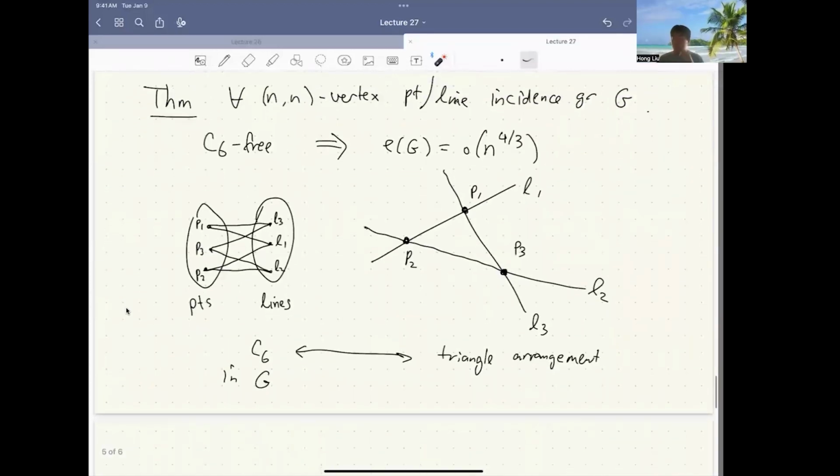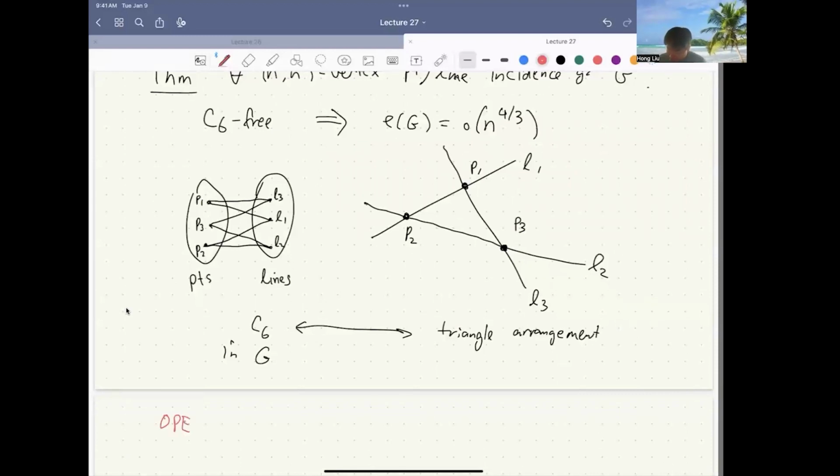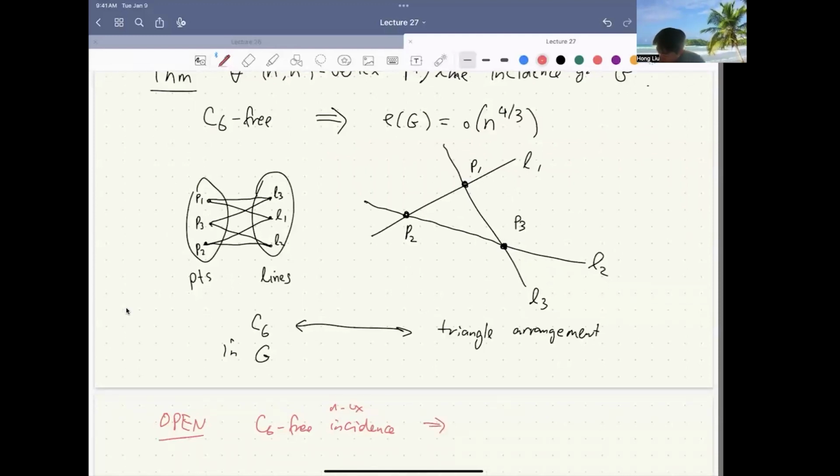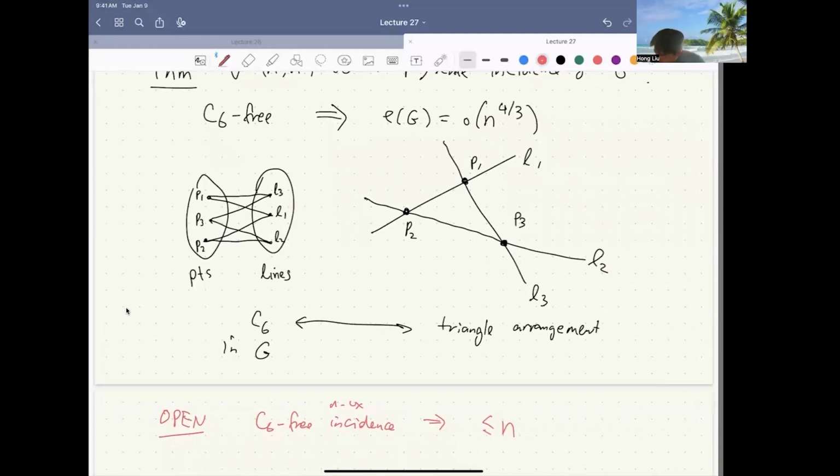In fact, there is a conjecture, I think still open, that people believe a C6-free incidence graph on n vertices should have n to the 4/3 minus c edges. Getting a polynomial-in-n improvement would be very interesting. So this is open. We only improve from big O to little o.